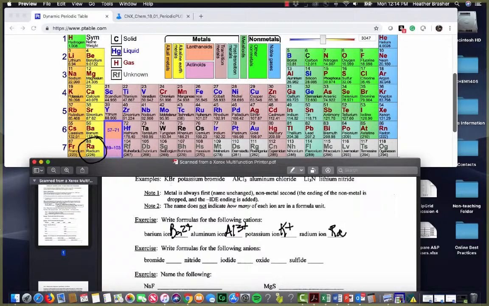And basically you can see that it is in the 2. And so basically what happens here is it's going to lose the 2 to get to the nice stable radon. And so that's going to make it the +2. So that's how we figure out the ions.